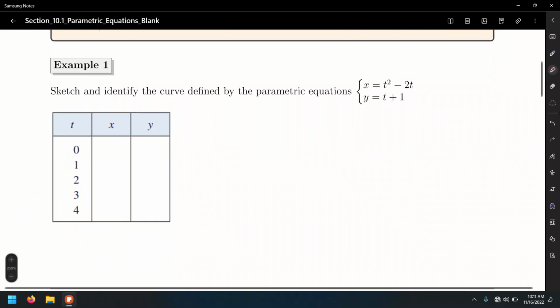How do we graph them, and how do we identify what graph this is doing? In other words, what we have to do here is eliminate the parameter.